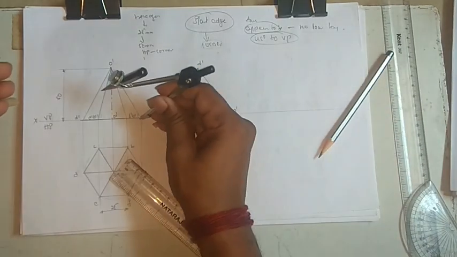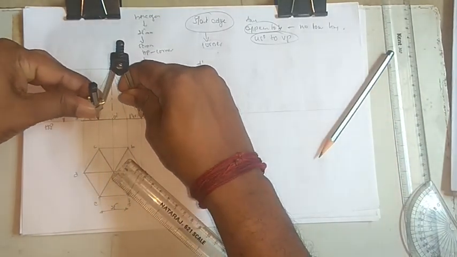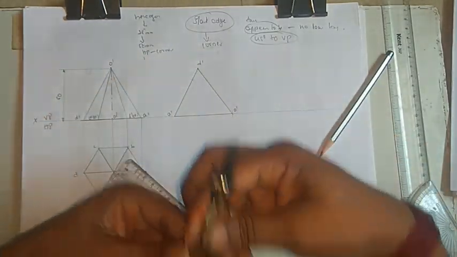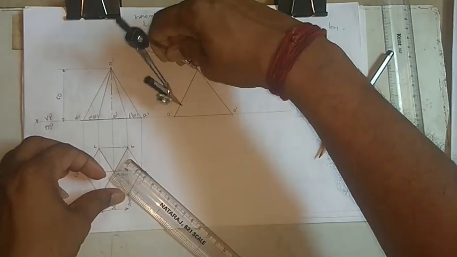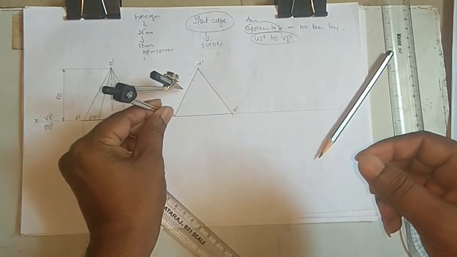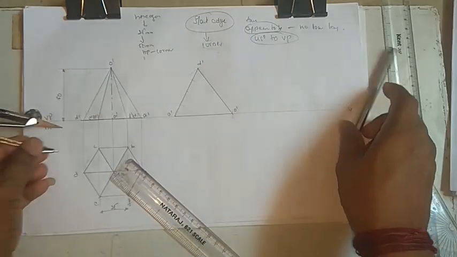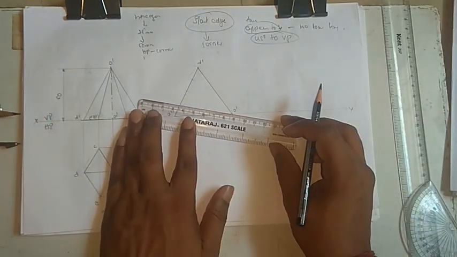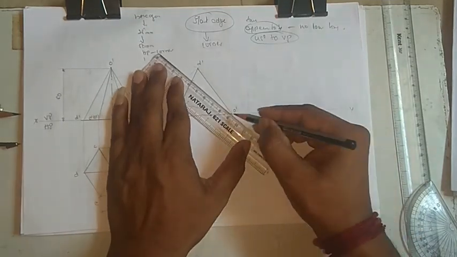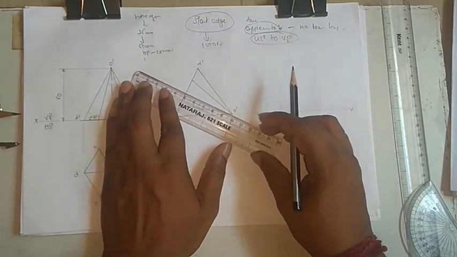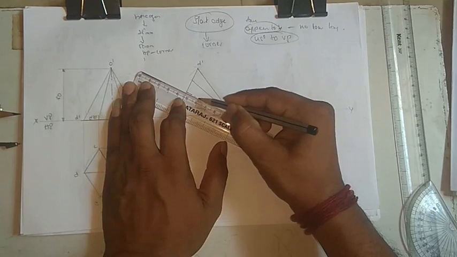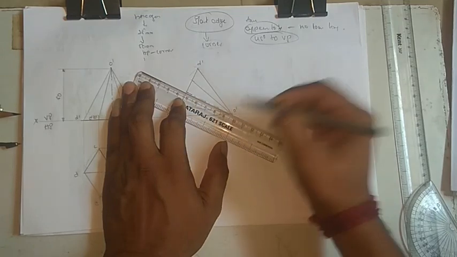Now take the reference from each point, cut one arc from here and one from the D, then from the midpoint, now join 1, 2, and the center is the axis line.